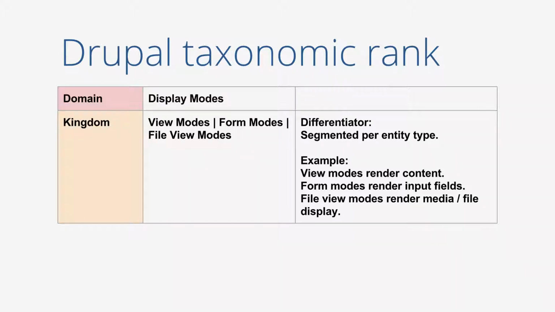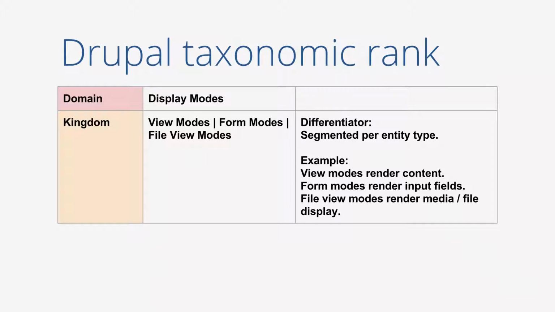So welcome. At the highest, most broad level, like we talked about earlier, we have this thing called display modes. And the kingdom, there's not only view modes, but you can actually use the same concept to lay out forms. So you can have a user registration form in 3 different formats because you want to have them in different parts of your site.